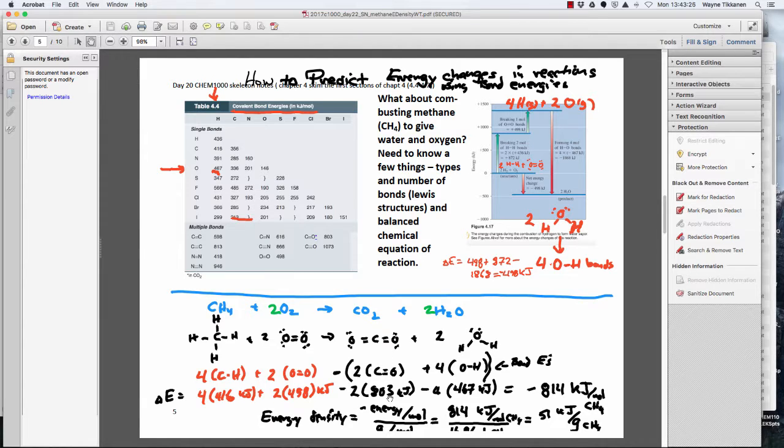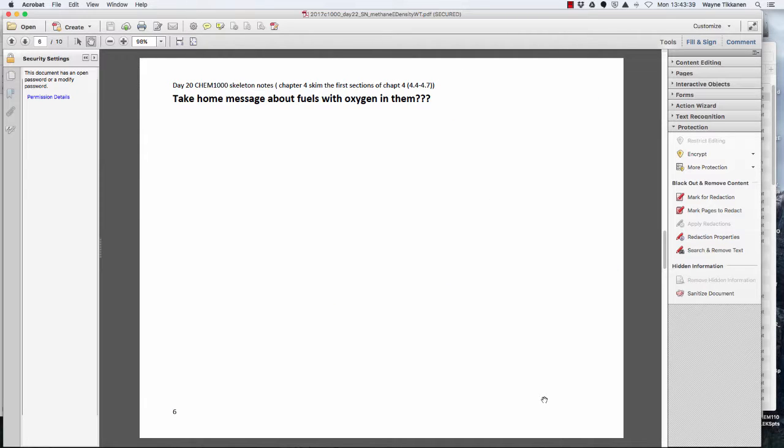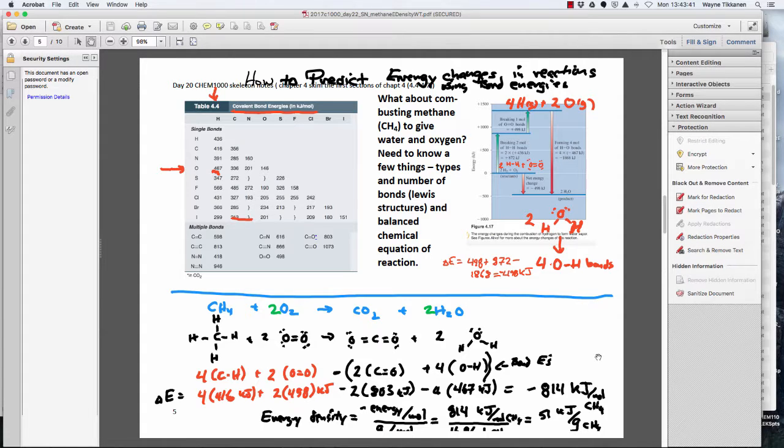So 2 times 803 minus 4 times the oxygen-hydrogen bond energy, which is 467. When we add that all up, we get 814 kilojoules per mole of methane. So that's how much energy you get per mole of methane, and this agrees pretty well with the number we saw on the previous page.